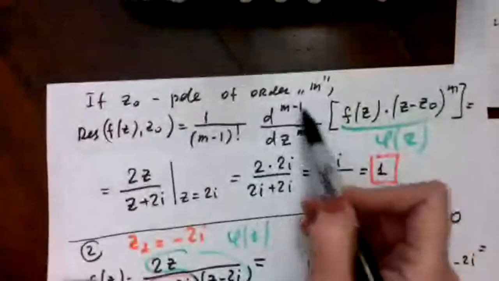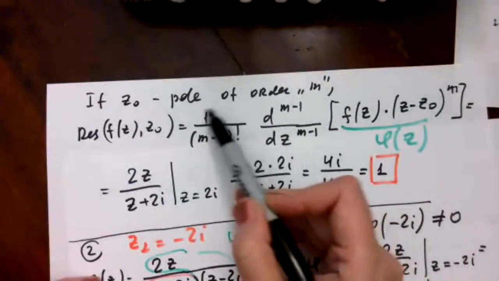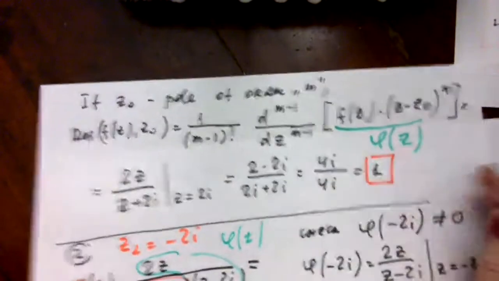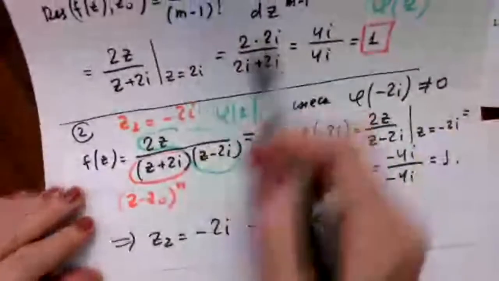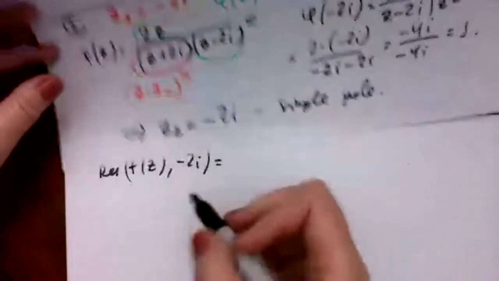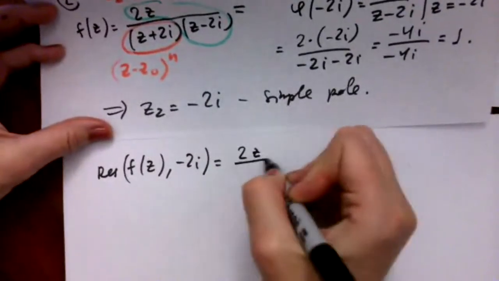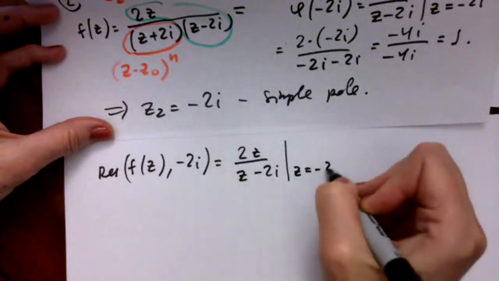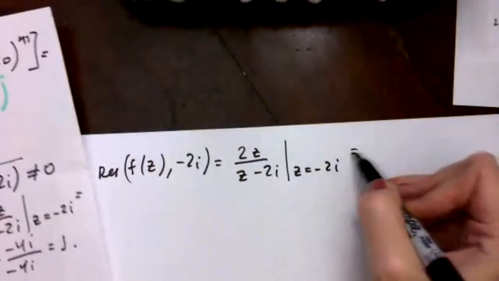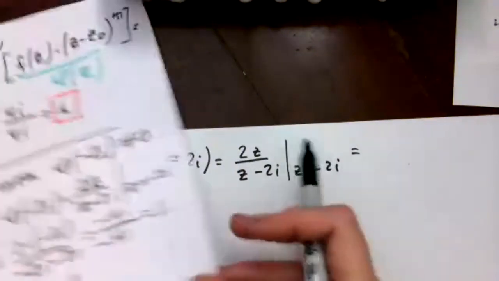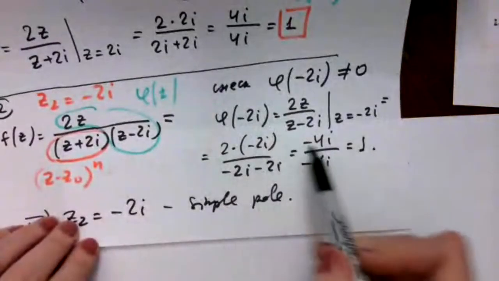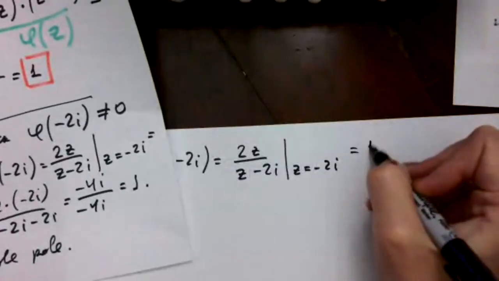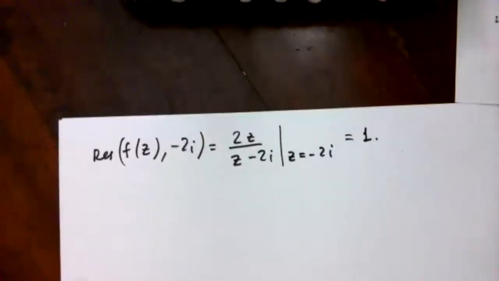We have no derivative again, this is 1 again. And this time we need to take phi of z, but we have a different phi of z compared to the previous point. So phi of z looks like this now: 2z divided by z minus 2i, and we need to substitute z equal to minus 2i, our current singularity point. But when we were checking this condition, we just calculated it already, so I can easily write that this is equal to 1.